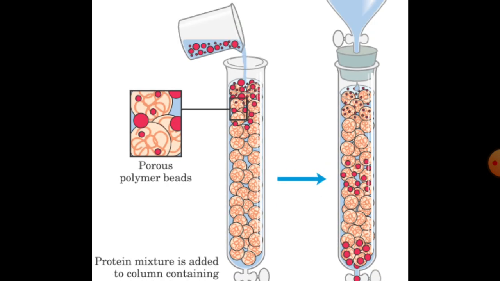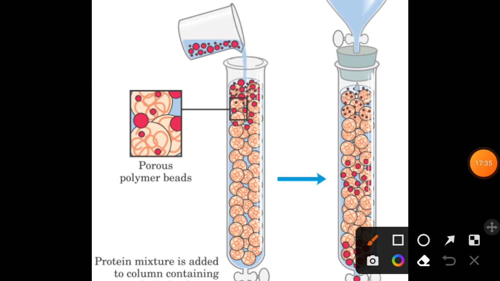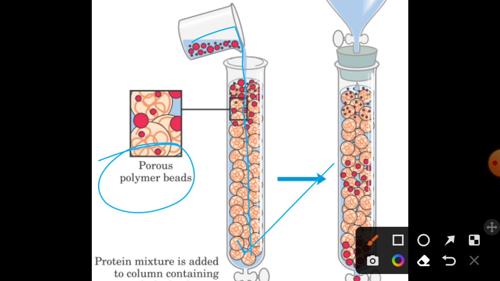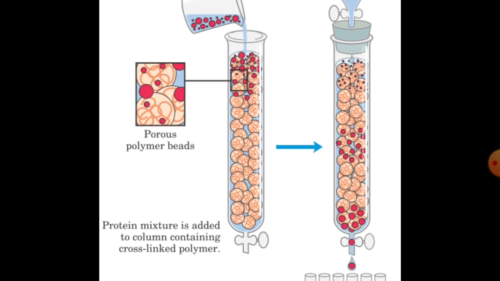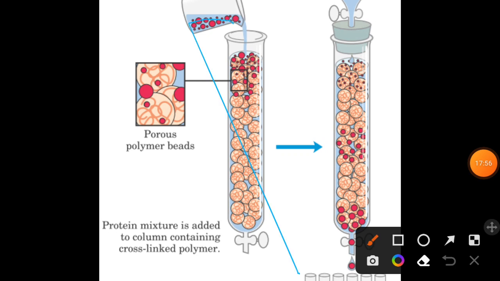Okay, and the components of the mixture whose size is greater than the average pore size of the porous polymer beads can easily pass through the column without any resistance, right?